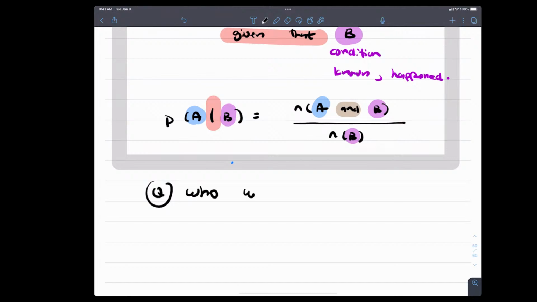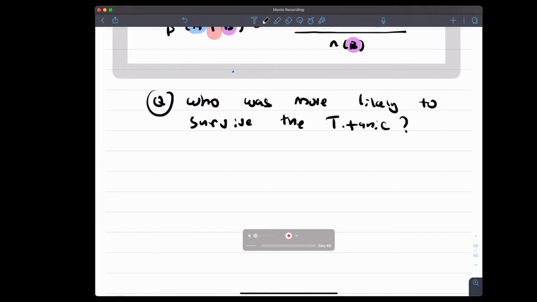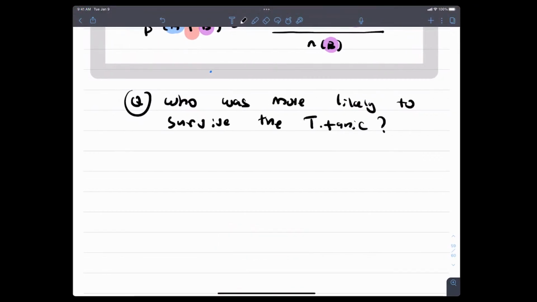Who was more likely to survive the Titanic? I'm going to have to look for my Titanic information. What do I have? What is this? There we go. I'm going to bring it in.